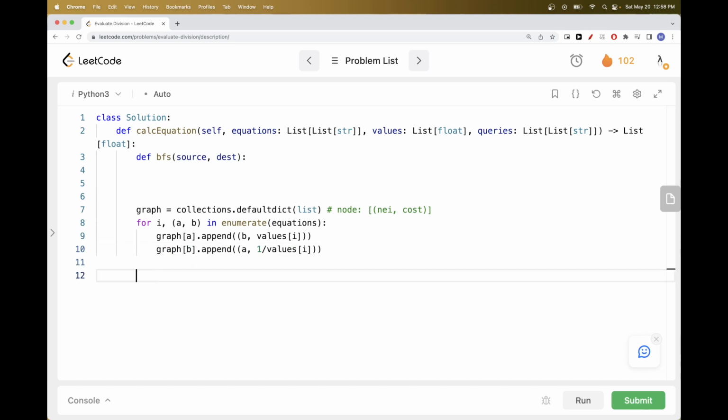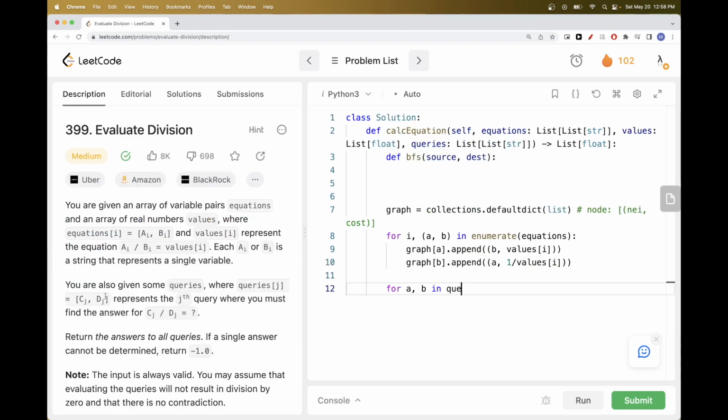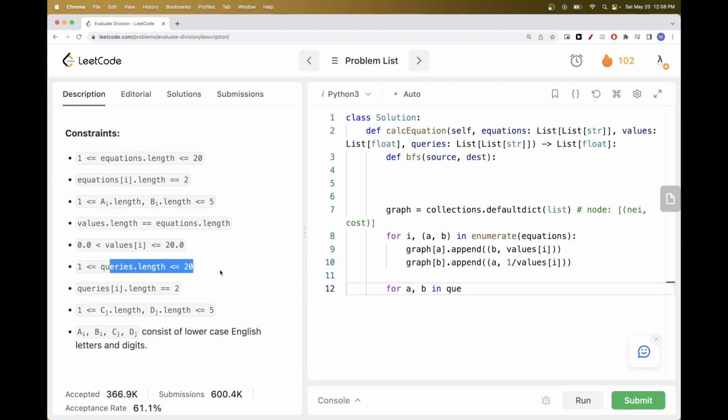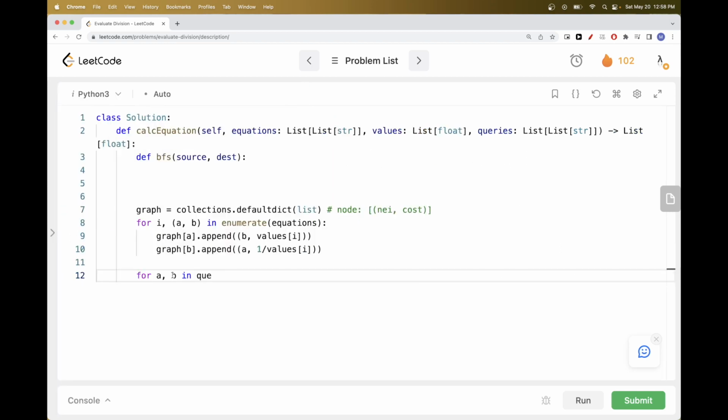And then now we need to start doing our queries. Okay, so since the number of equations is at most 20, and I think the number of queries is also similar. Yep, and so we can do BFS for each query. It shouldn't be bad. So we'll just do our BFS for A and B, and we need the result that we'll return and add the values to that.